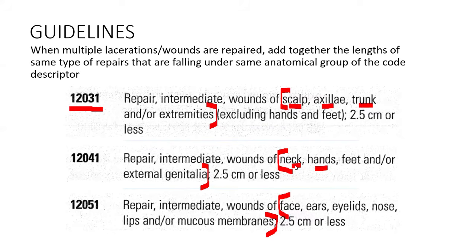Like let's say on the neck, 2 centimeter laceration is repaired, on the hand, 3 centimeter laceration is repaired. As we add 2 plus 3 centimeters, 5 centimeter laceration repair of intermediate should be coded. We can add the lengths and give one code rather than two codes.